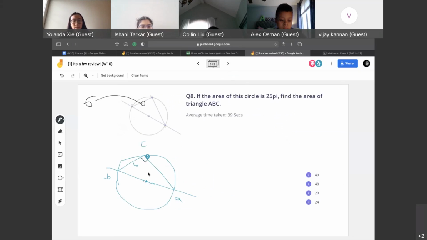All right, I drew this one out below because the picture is a bit hard to see. But the question says, if the area of this circle is 25 pi, find the area of triangle ABC. So if the area of the circle is 25 pi, type in the chat, what would the radius be?